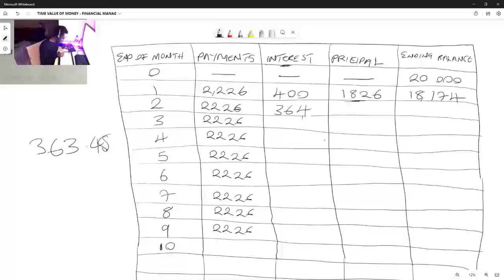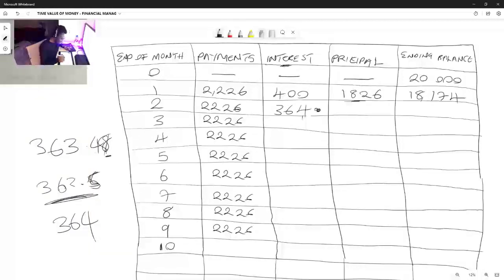When we round off 363.48, we have 363.5, and we further round this off to 364. So rounding off the 5 gives us 364, which is what we have here in our interest column.